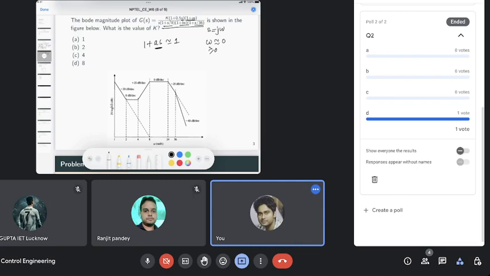So your G(s), or G(j omega), because we are dealing with frequency response, can be written very approximately, because all other terms will be 1, only this gain will be there, and this pole that is present at the origin. So this will be the approximate value of G as omega is very small.